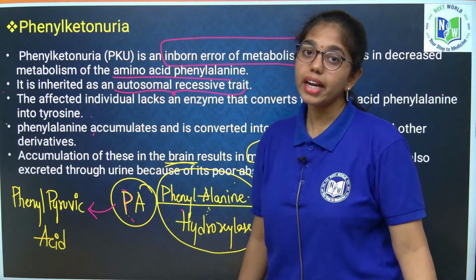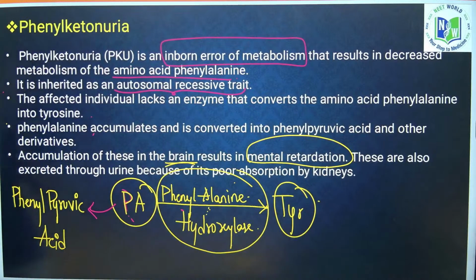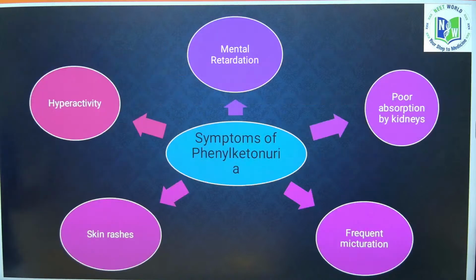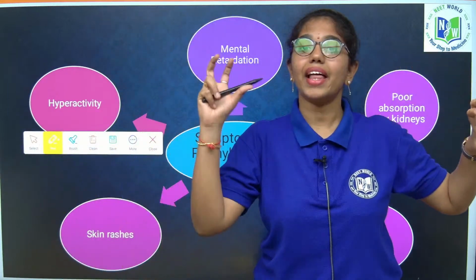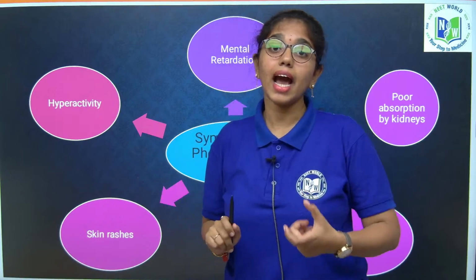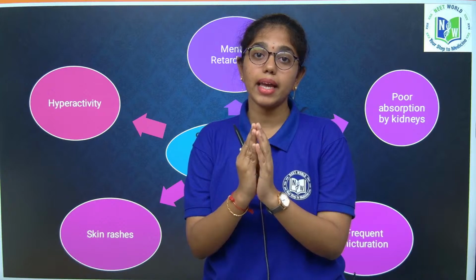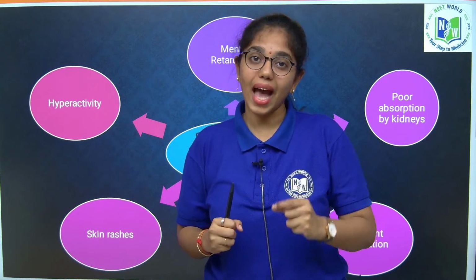Now if you look into the multiple symptoms which are caused because of the error in one enzyme, I hope it is clear. Phenylalanine has to be converted to tyrosine, and that is mediated by the enzyme phenylalanine hydroxylase. Absence or mutation in that one enzyme results in phenylalanine being stored in the form of phenylpyruvic acid.